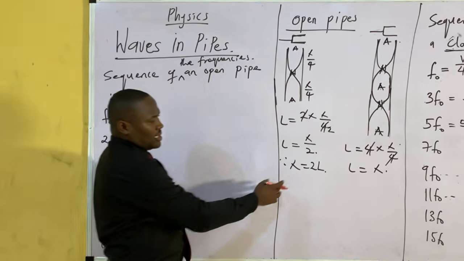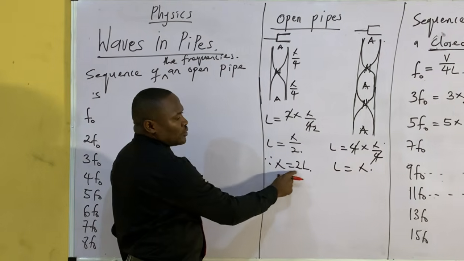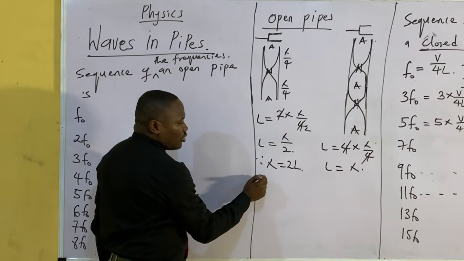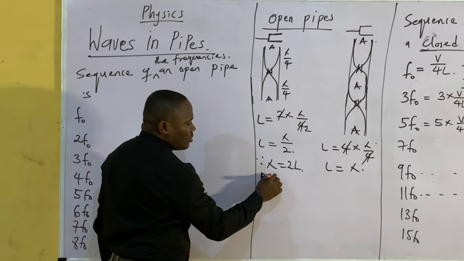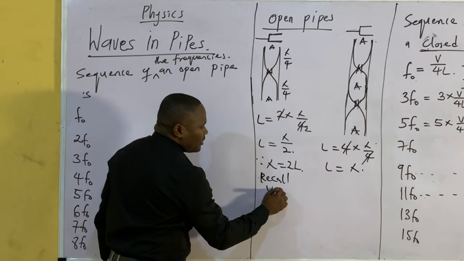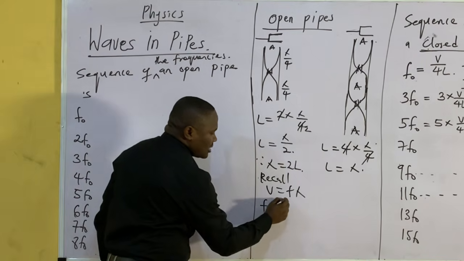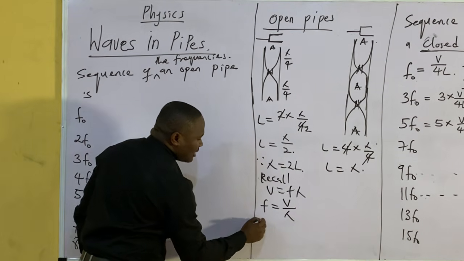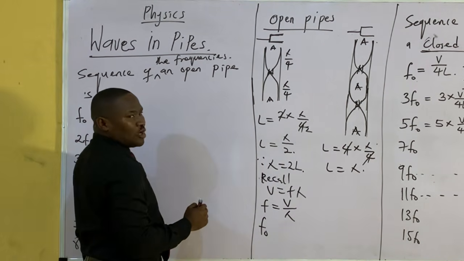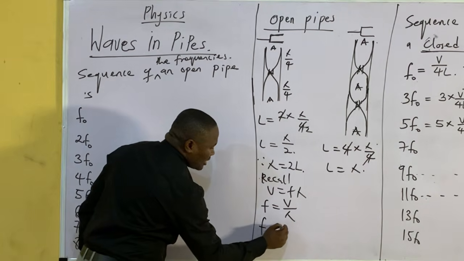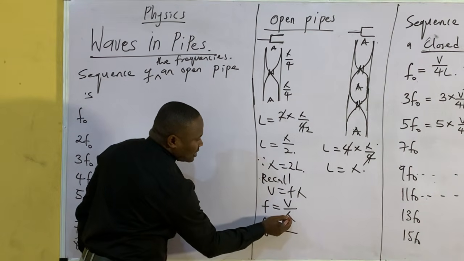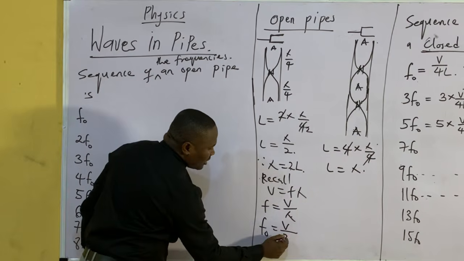Now, what about here? If lambda equals 2L, recall that V equals F lambda. Then what about the frequency? The frequency is now V over lambda. So the first frequency, which is the F naught, is now equal to V over, what is lambda equal to? 2L.